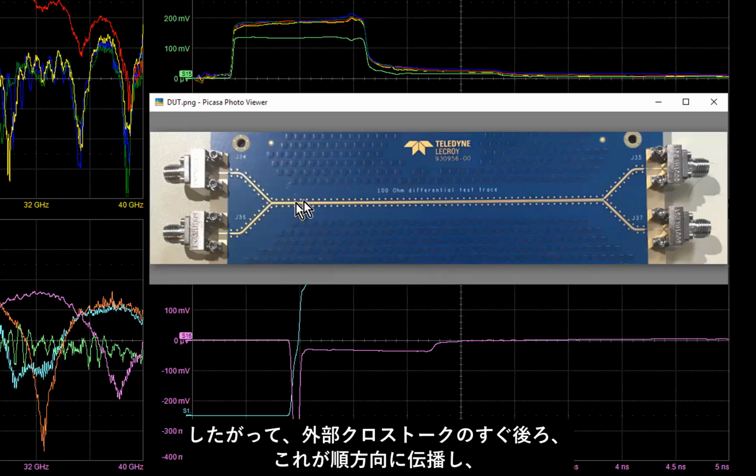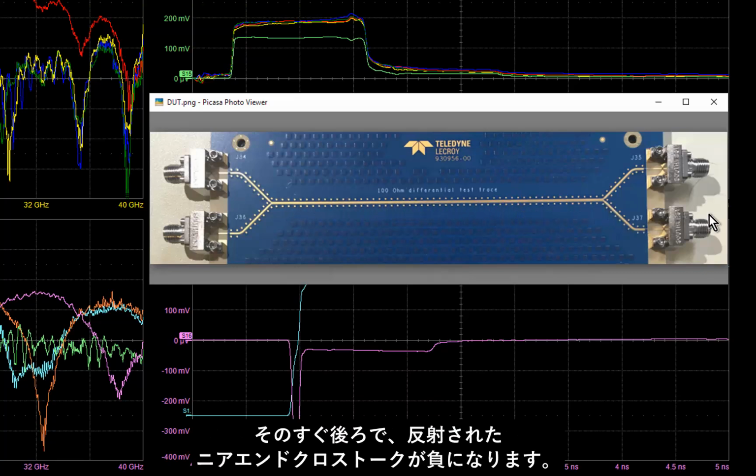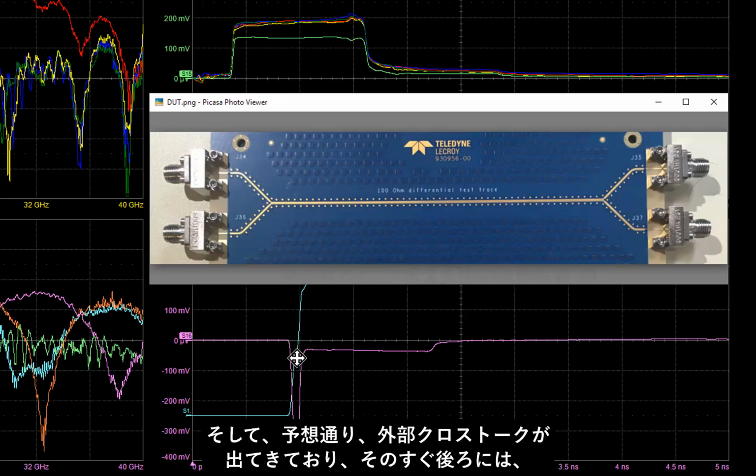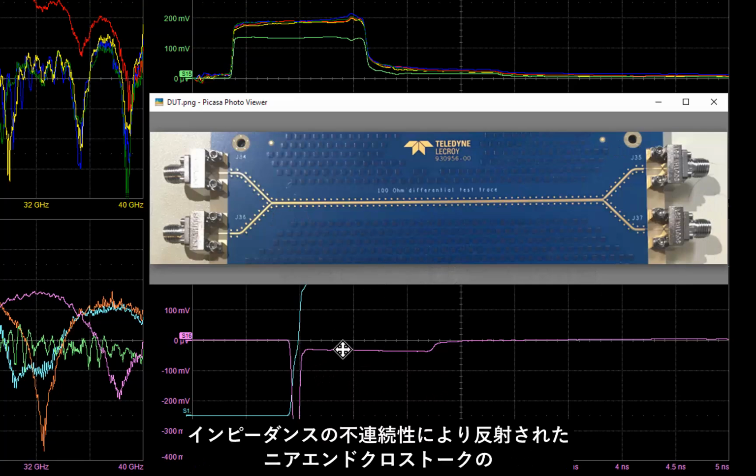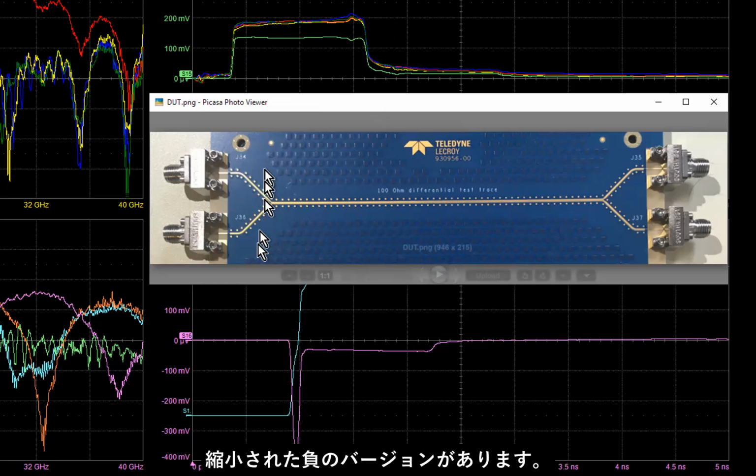And so right behind the far end crosstalk that's propagating in the forward direction, we're going to have the reflected near end crosstalk as negative. And sure enough, here comes the far end crosstalk coming out, and right behind it is the negative scaled down version of that near end crosstalk, reflected because of that impedance discontinuity.